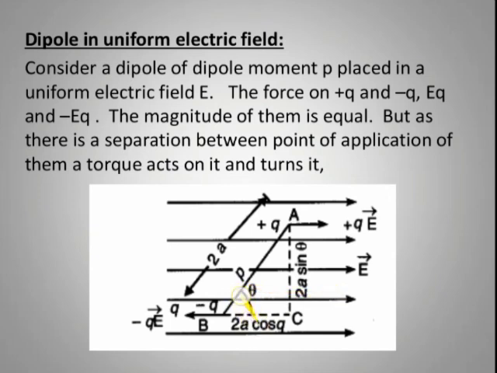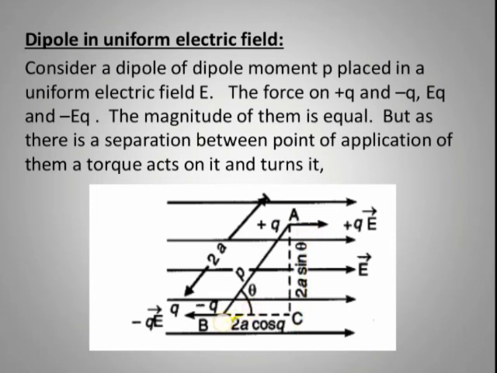You have a charge here, minus q, and the field lines, and this is making a certain angle, which I would consider as theta. You can find that the distance of this one is 2a. Why? Because the length of the dipole is 2a, and that is why you write the distance as 2a sine theta.